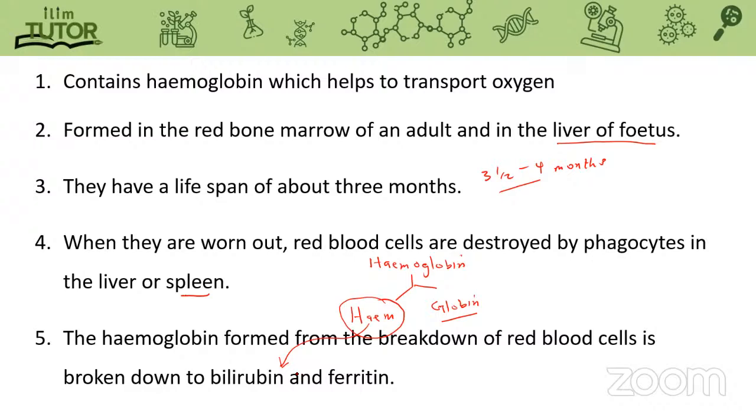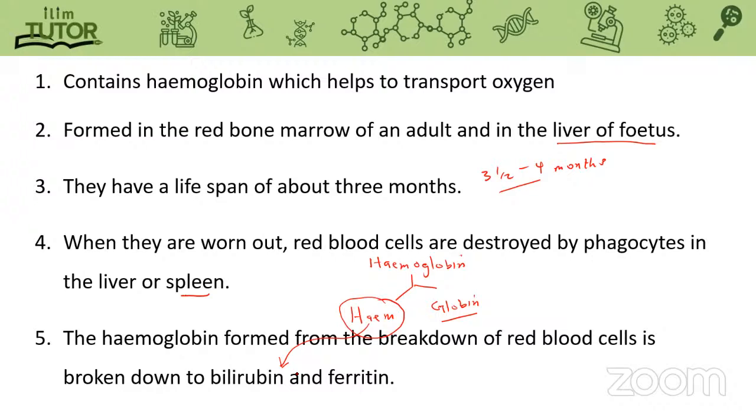Bilirubin is a yellow compound, and when you urinate, it's one of those things that actually makes your urine yellow. In fact, when somebody has a case of yellow fever, for instance, where you have quite a lot of the red blood cells being broken down, you have an excessive release of hemoglobin.